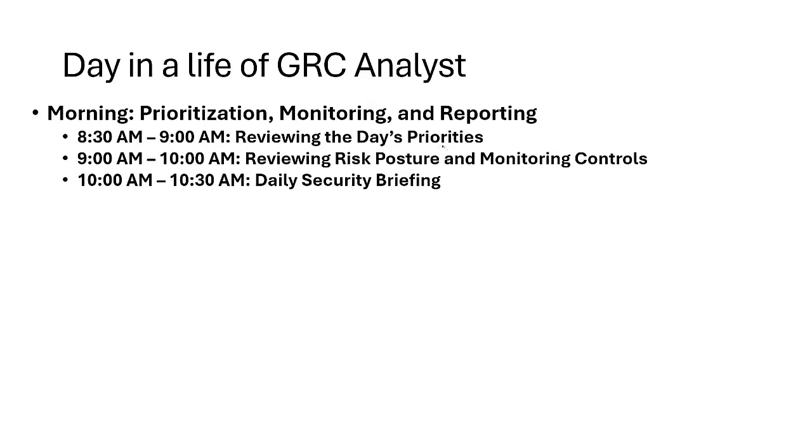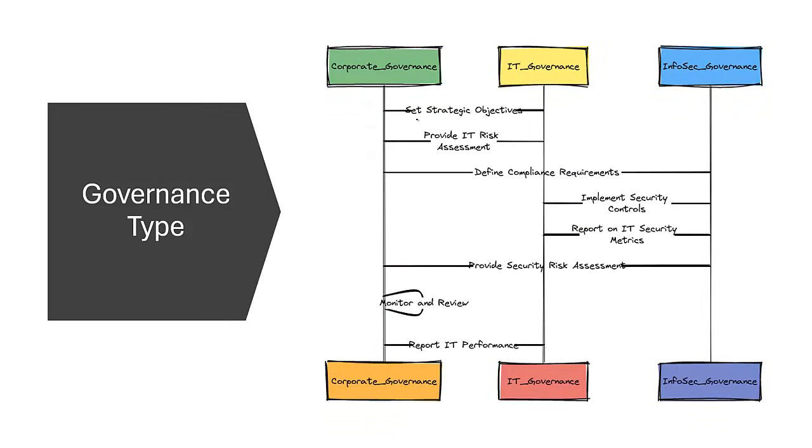Now, this is the summary. Here you can see corporate governance sets the strategic objectives for IT. First is to set the objectives. They also define the compliance requirements that we need to meet under legal and regulatory requirements. Then they expect an IT risk assessment report from IT, but IT gets this assessment from information security governance.